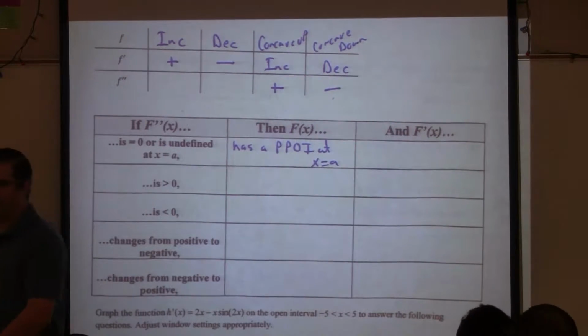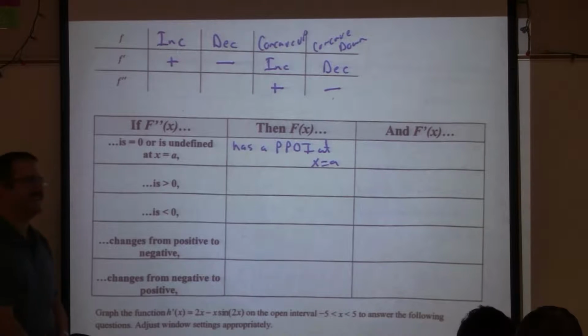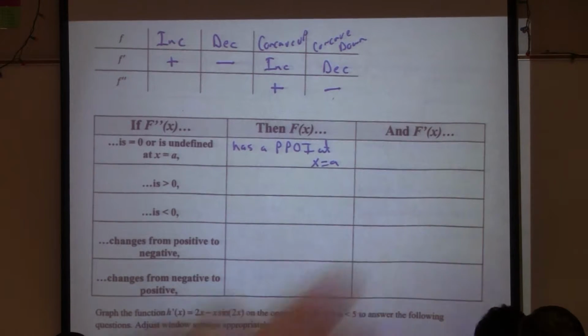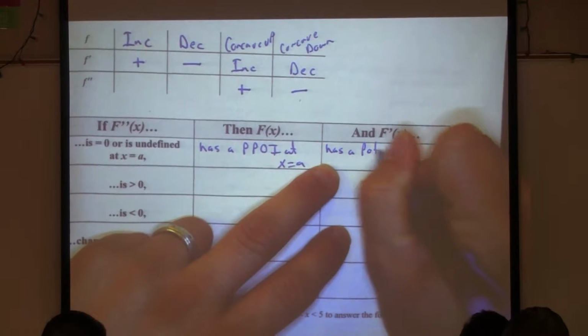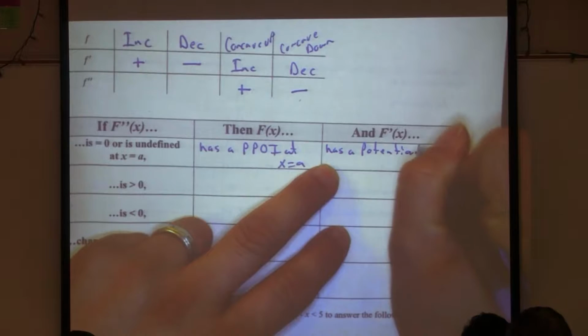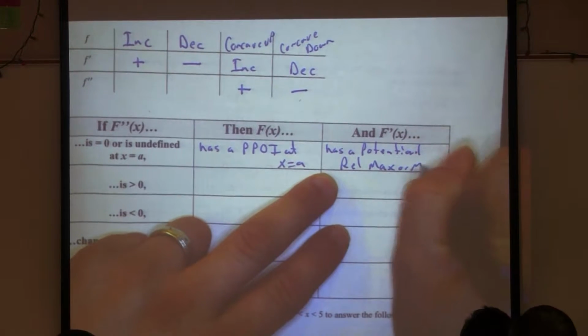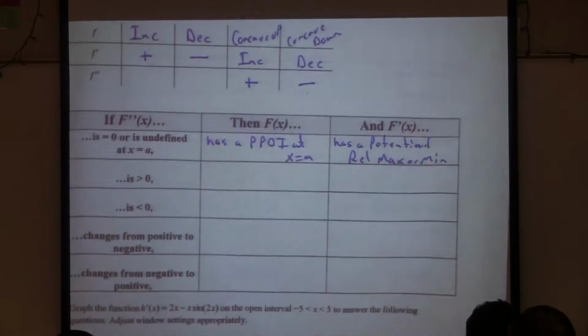What would it tell me about the first derivative? Possible relative max. Very good, Eddie. So it has a potential relative max or what? Min.